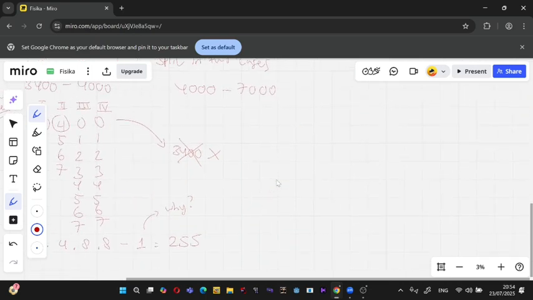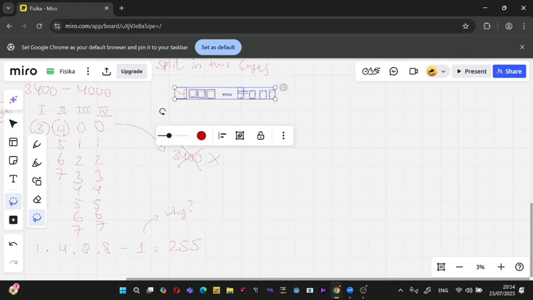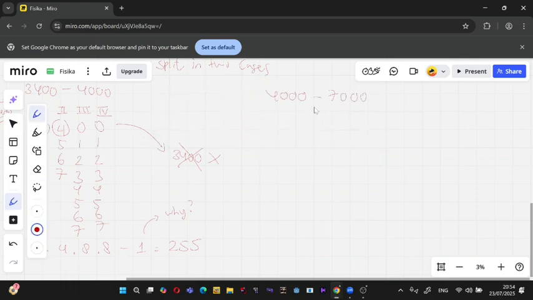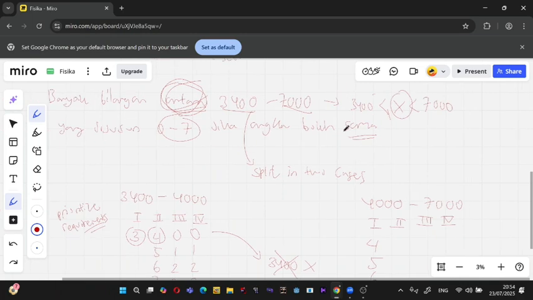Okay, now we move on to the second case, 4,000 until 7,000. So of course, prioritize the requirements. The front number obviously has to be 4 or higher: 4, 5, 6, then 7 is not allowed because it has to be under 7,000.